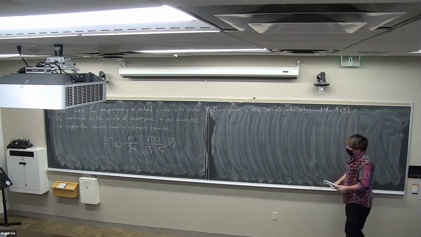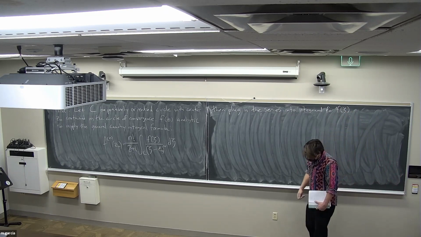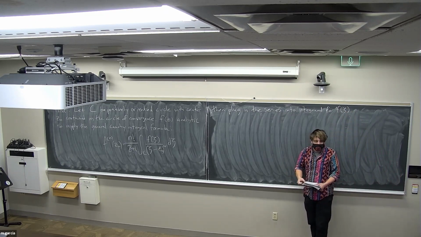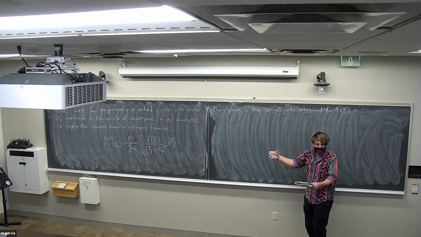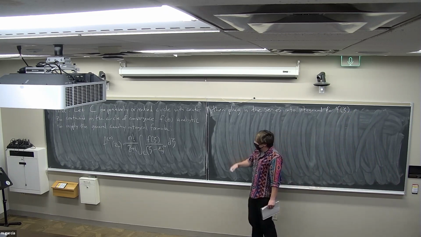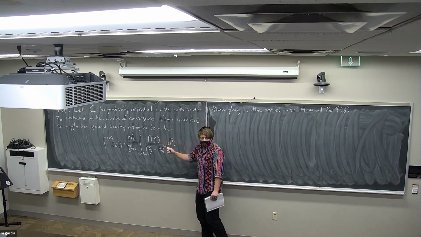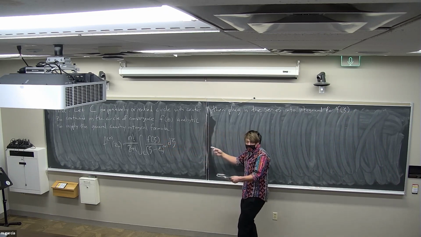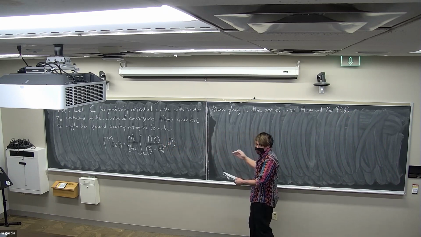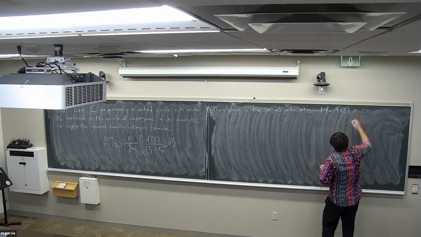Remember, we have this power series converging to f of zeta, so I gave you some glimpse of being able to do things term by term with power series, or Taylor series specifically. So we'll just plug in that series development for f here and use the linearity of the contour integral to split it up. Okay? So what happens when we do that?